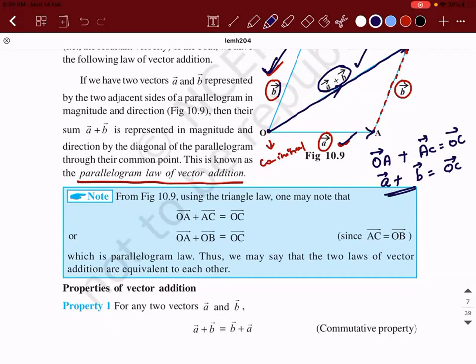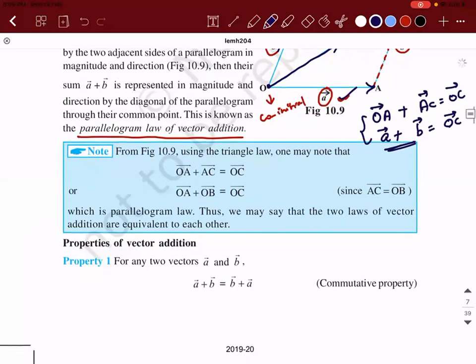Are you able to understand this point? So what I'm trying to say is, there are two important laws with respect to addition. What are the two laws? One is triangle law and the second is parallelogram law of vectors. So when you take these two into consideration, they both actually mean the same. Okay.